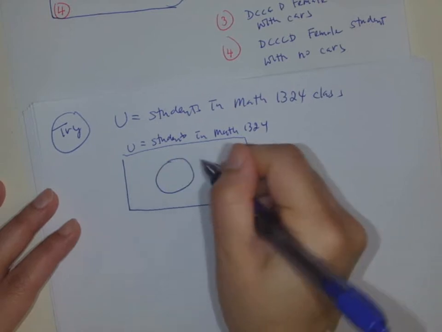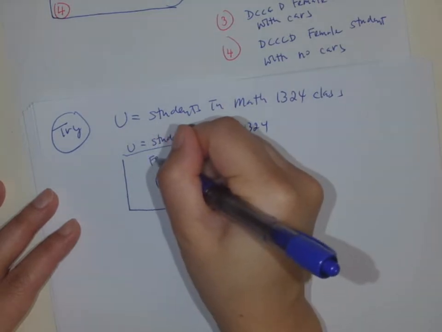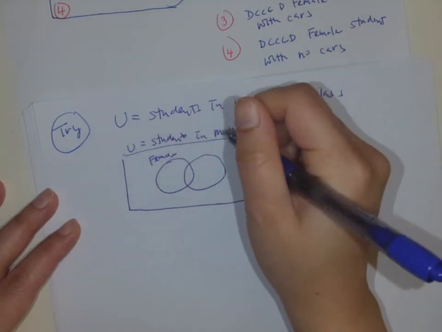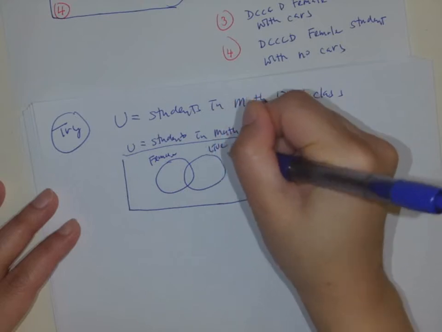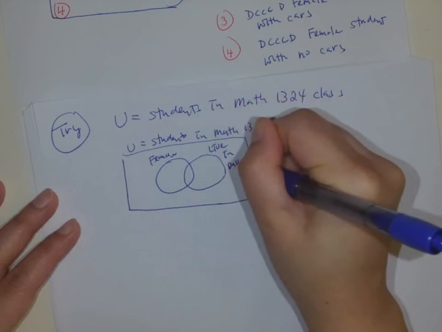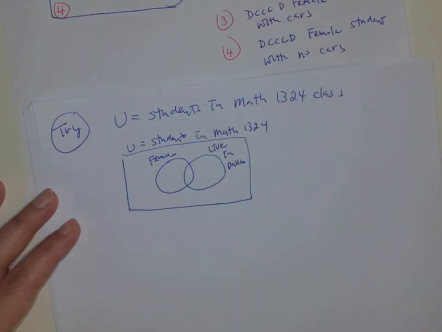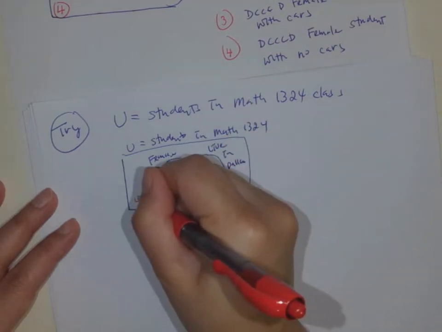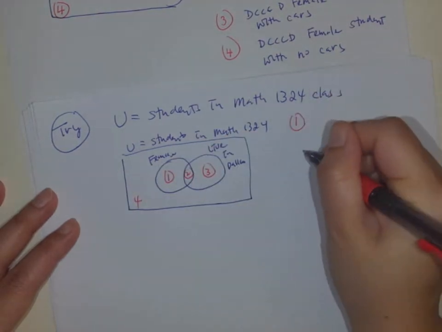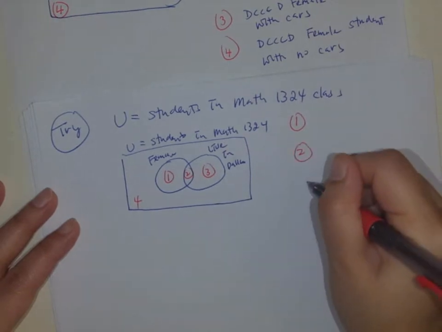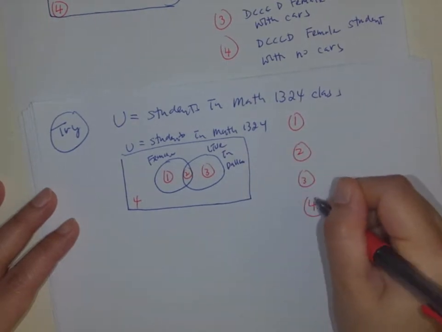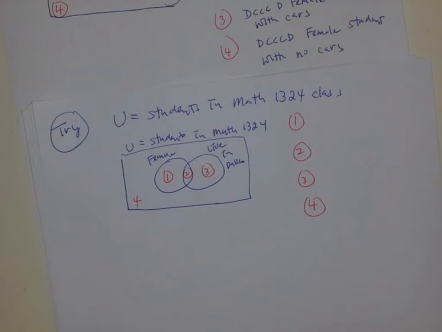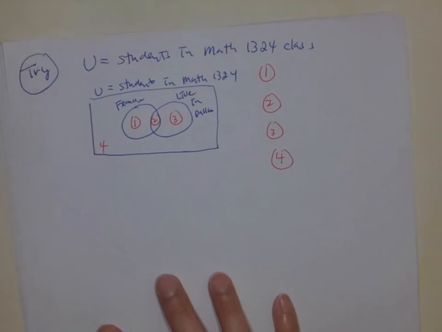I can have one circle for female and one for live in Dallas, and then I'm going to have sections 1, 2, 3, and 4. So I want you to think about it, and then I'm going to tell you the answer in a little bit. If you're in class, I'm going to ask you to do it on the board, but we're not in class, so try it, pause the video.